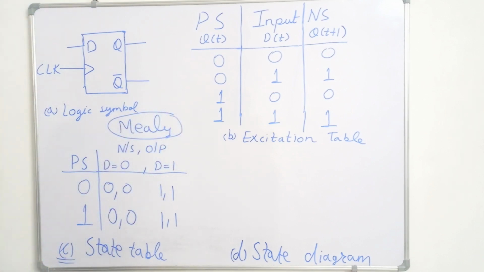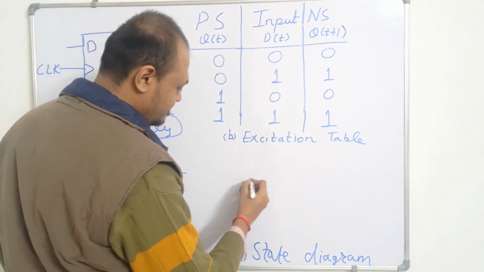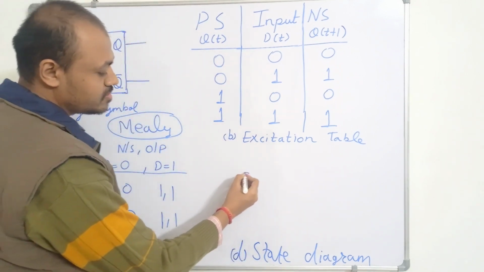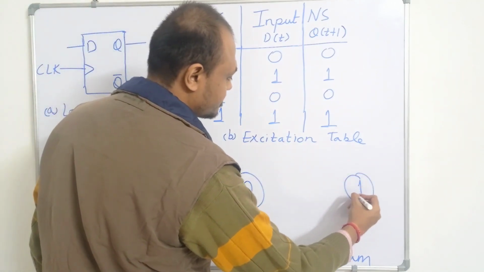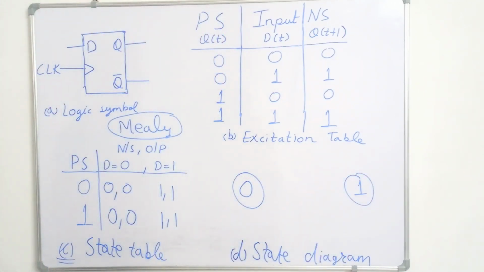We are drawing the implementation of D flip-flop using Mealy machine. So there can be two states. One state is 0, and the other state is 1. There are only two states possible, 0 or 1.